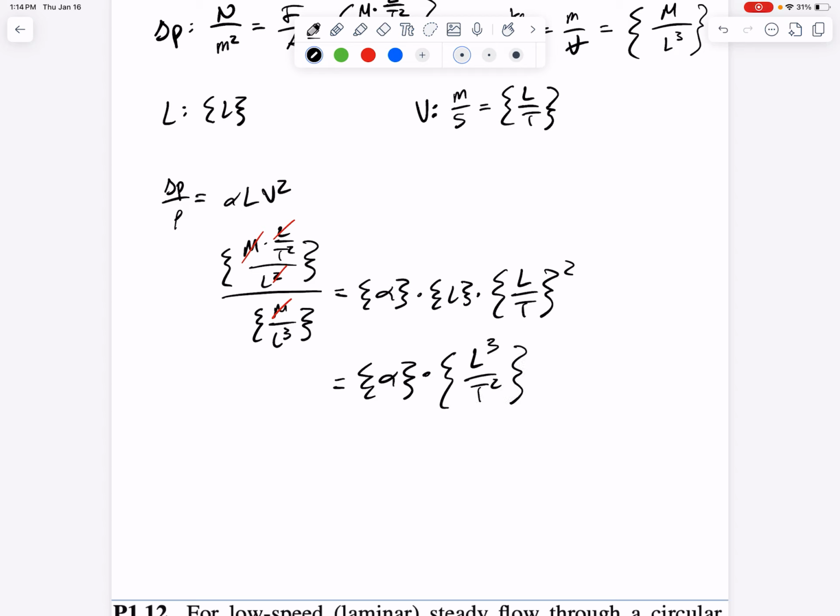Okay. So the right-hand side is alpha L cubed over T squared. On the left-hand side, I get 1 over L T squared over 1 over L cubed. To isolate alpha, I'll multiply both sides by T squared over L cubed.